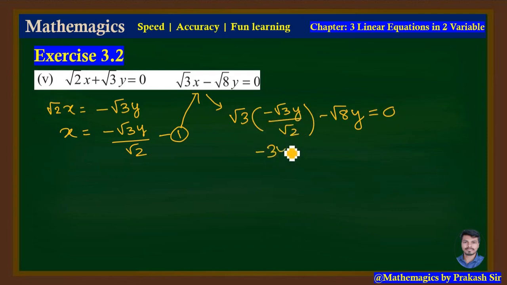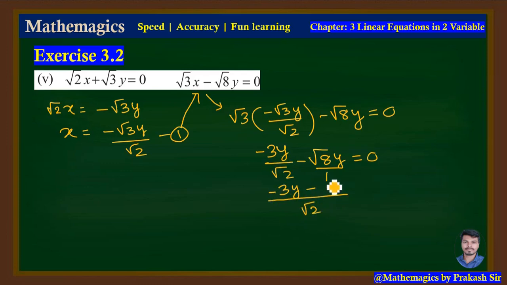This becomes 3y divided by root 2 minus root 8y is equal to 0. Now let us solve it. So here in this case the LCM is root 2 because here the denominator is 1. So root 2 divided by root 2 becomes 1. 1 into minus 3y becomes minus 3y.